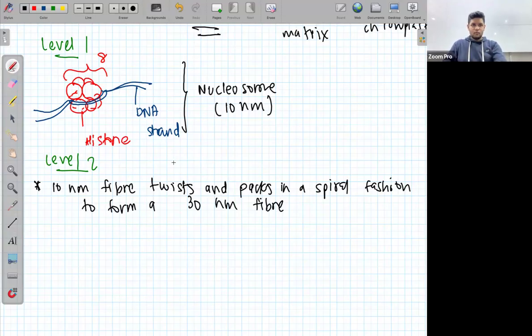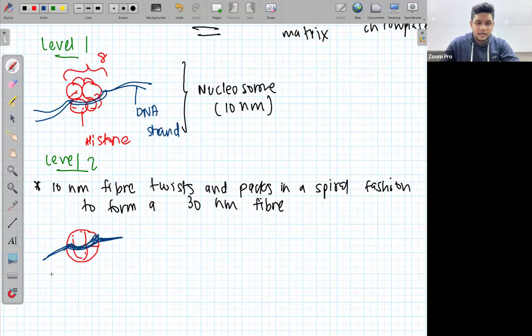Simply, what happens is, instead of drawing the 8 histone proteins, I'll draw a complete circle subdivided into 4, and at the back there are 4. Assume it like this, it'll be easy. Now can you say what is the dimension of this? 10 nanometer, right? Now it will be getting collected and packed in this manner.